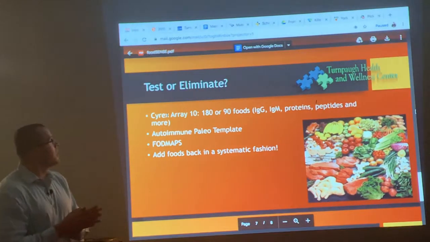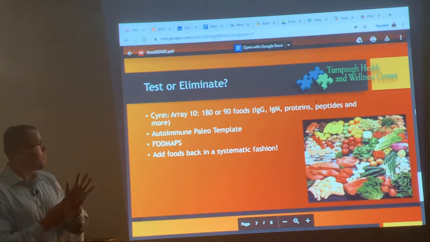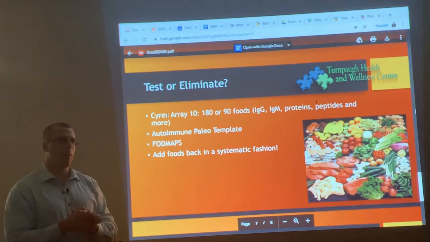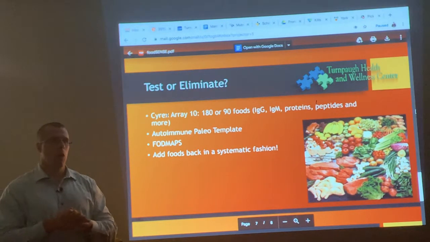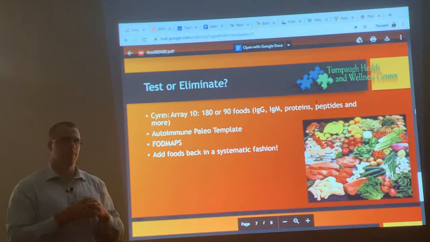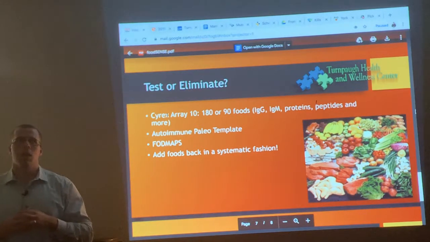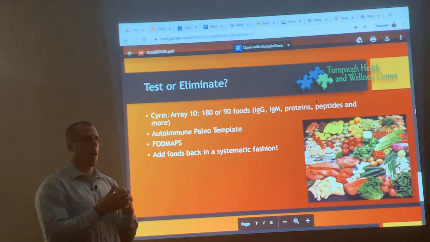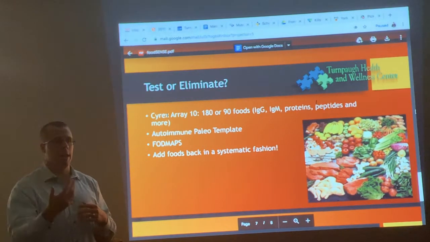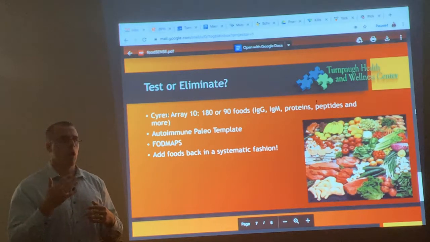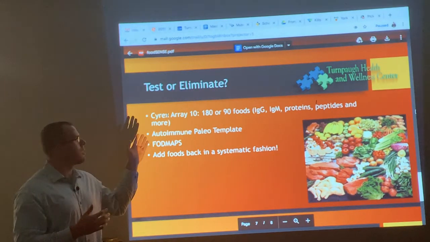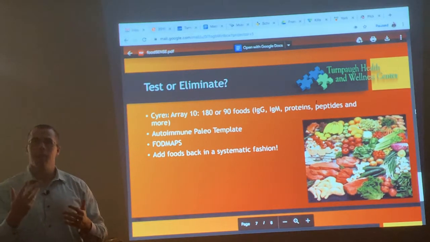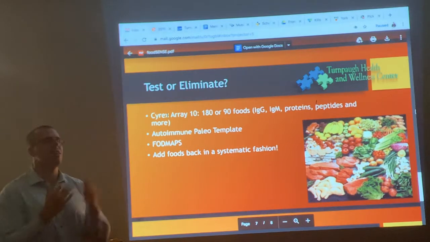Okay, so to test or eliminate, my aspect is I want to be able to do as much as possible with the appropriate direction. I'm always thinking of my patients' investment in their health. A lot of the time the testing can lead you down a rabbit hole.